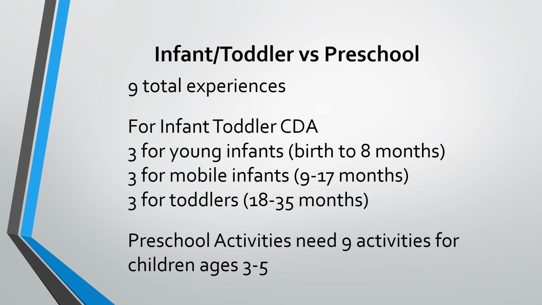The main difference is that for the infant toddler CDA, you must have 3 for young infants, defined as birth to 8 months, 3 for mobile infants, defined as 9 to 17 months, and 3 for toddlers 18 to 35 months, for a total of 9 experiences. For preschool, you should have experiences for ages 3 to 5 for a total of 9 activities, as mentioned in the previous slide.